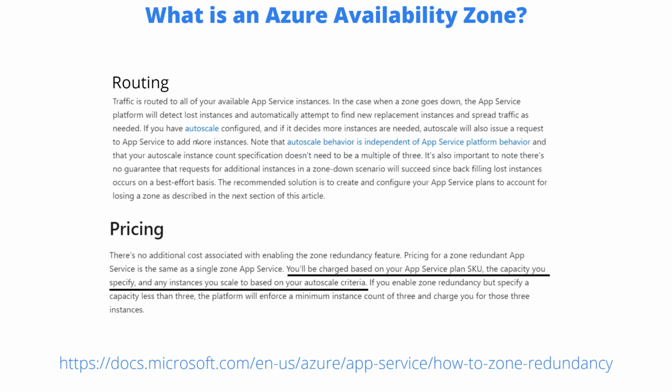So the next question you might be asking is, okay, great, how much does this cost? Now this is where the documentation is a little bit ambiguous, but if you read it, it does make sense. There's no cost for the feature of enabling Azure Availability Zones. But what you do end up paying for is the service itself based upon how many instances you have.